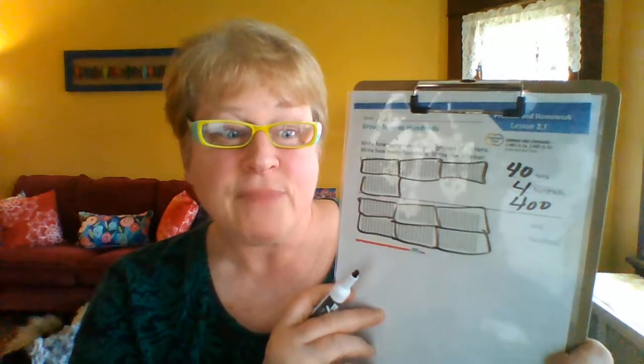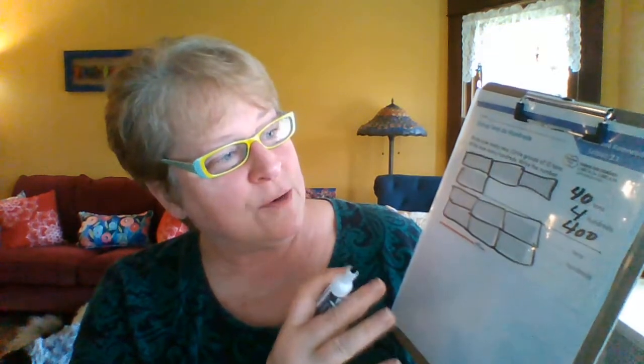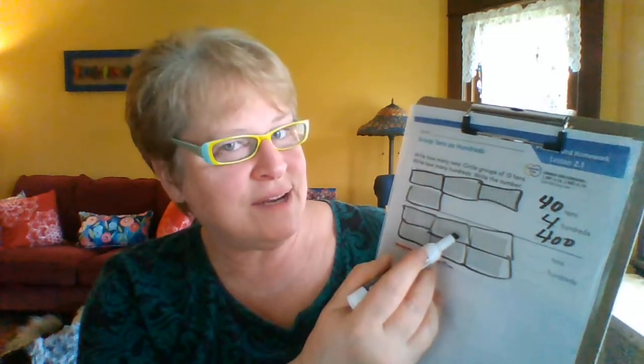So let's look at this. I'm going to circle my groups of 10 10s so I can see them more easily. And I want to figure out how many groups of 10 do I have. Well, there's 10 in here, 10 in here, 10 in here, here, here, and here. So I can count by 10s. 10, 20, 30, 40, 50, 60. There's 60 10s.